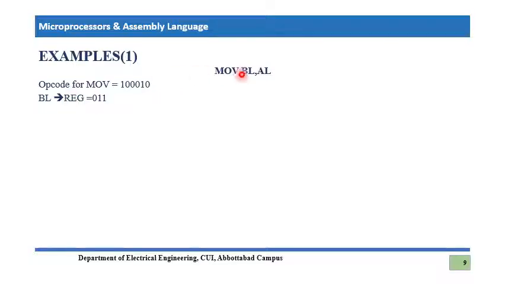Last time we encoded AL in the REG field, but this time we are going to use BL in the REG field. Since both of these are registers, any one of them can be used to be encoded in the REG field. So last time we used AL for the REG field, and this time we are going to use BL in the REG field.